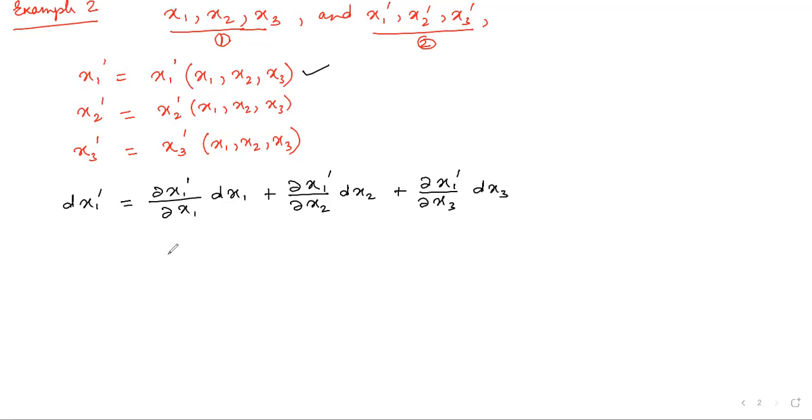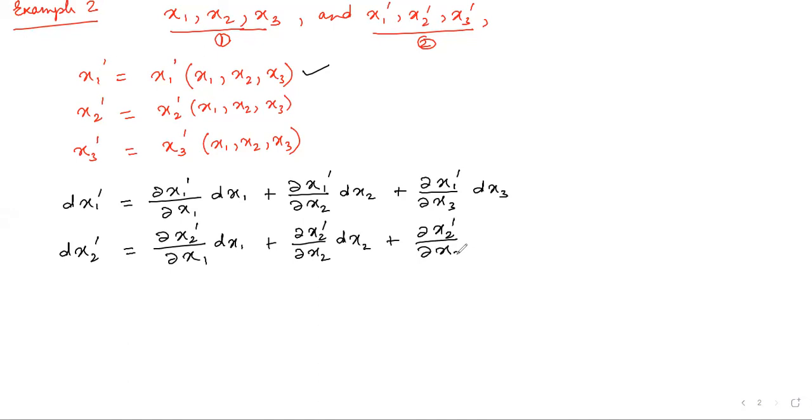Okay. Similarly, for x2 prime, this is dou x2 prime by dou x1 dx1 plus dou x2 prime by dou x2 dx2 plus dou x2 prime by dou x3 dx3.